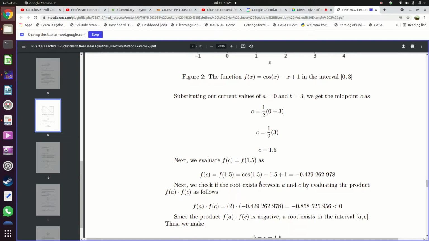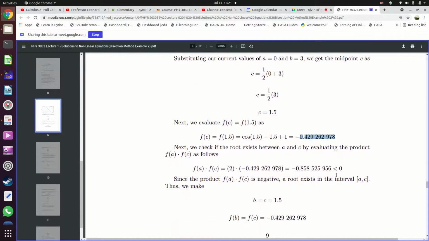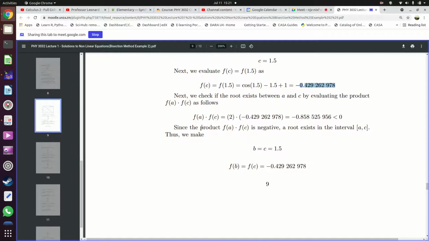Then f of C, which equals f of 1.5, we have just worked out here. So we work out the product, f of A times f of C, which is 2 multiplied by minus 0.429262978.